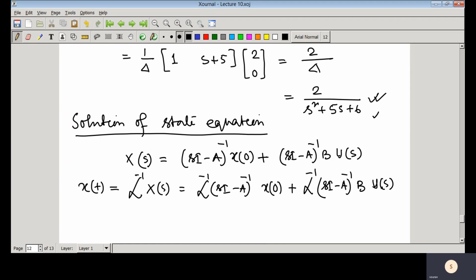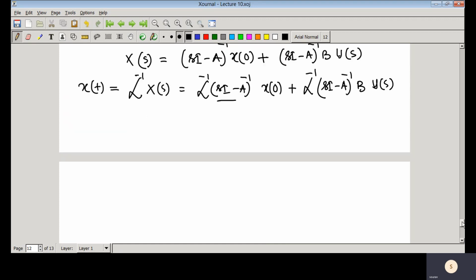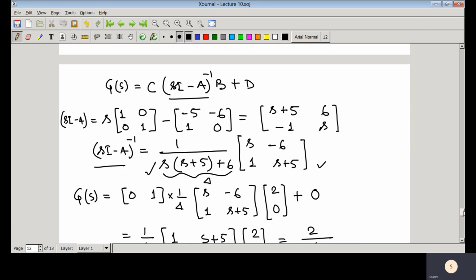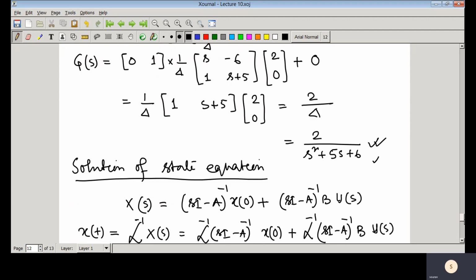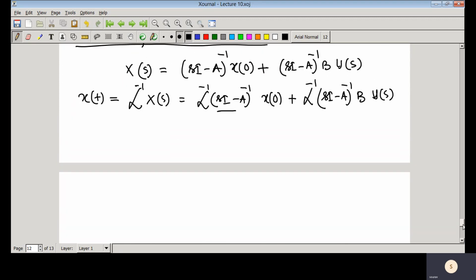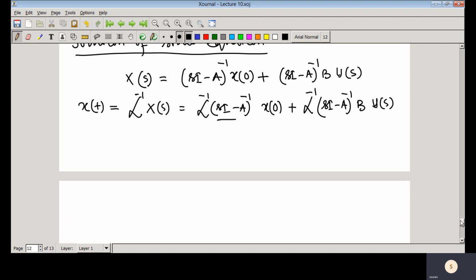Interestingly, this (sI minus A) inverse we have already seen. (sI minus A) is a matrix where each element is either a constant or a function of s. So now this particular matrix is denoted as e to the power At.